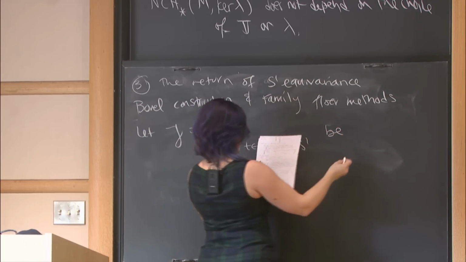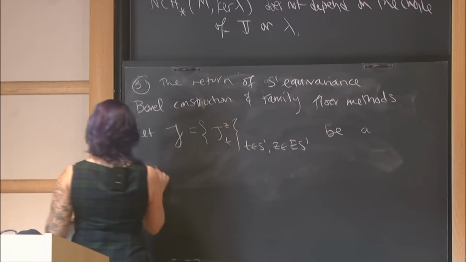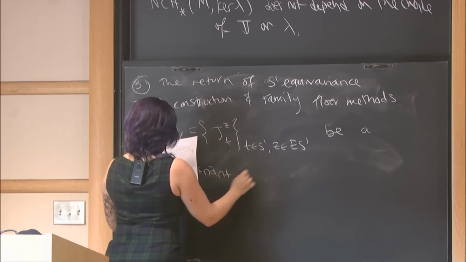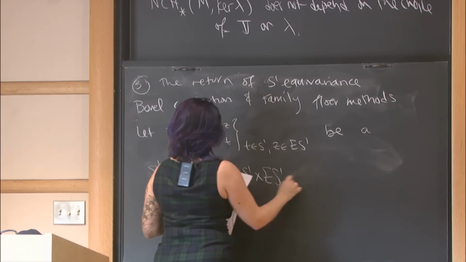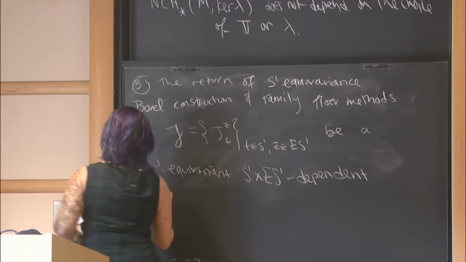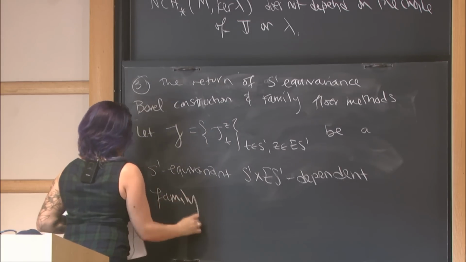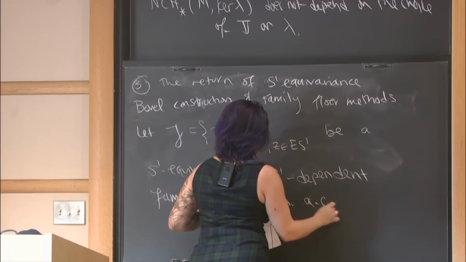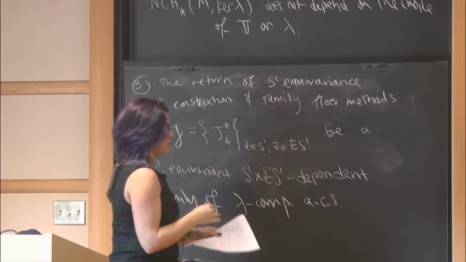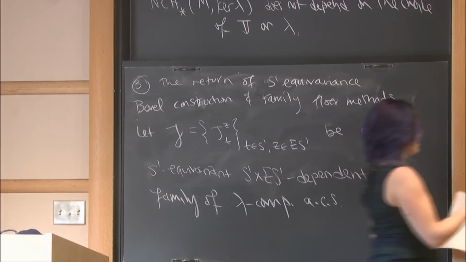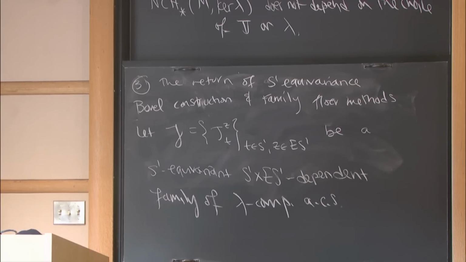And this is going to be an S1-equivariant, S1 cross ES1 dependent family of lambda-compatible almost complex structures. So that seems like a terrible mouthful. It kind of is, but it's not too bad because other people have thought about this, and it's a matter of adapting these ideas.